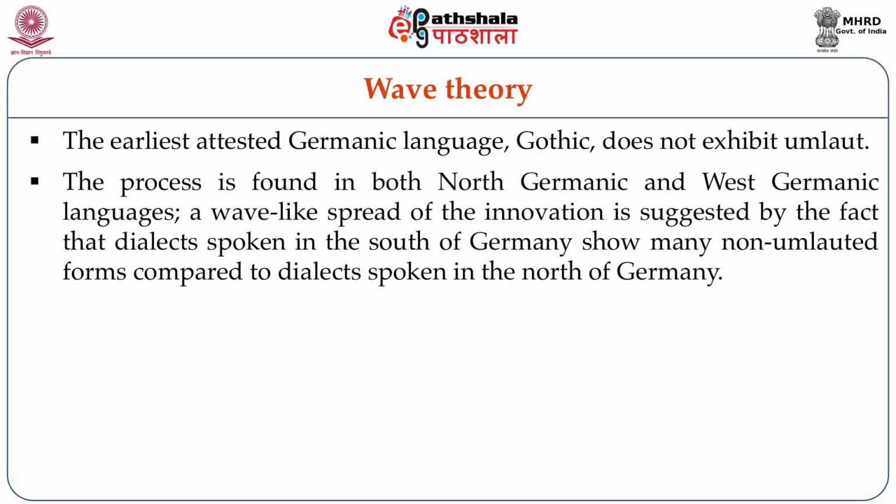The process is found in both North Germanic and West Germanic languages. A wave-like spread of the innovation is suggested by the fact that dialects spoken in the south of Germany show many non-umlauted forms compared to dialects spoken in the north of Germany.